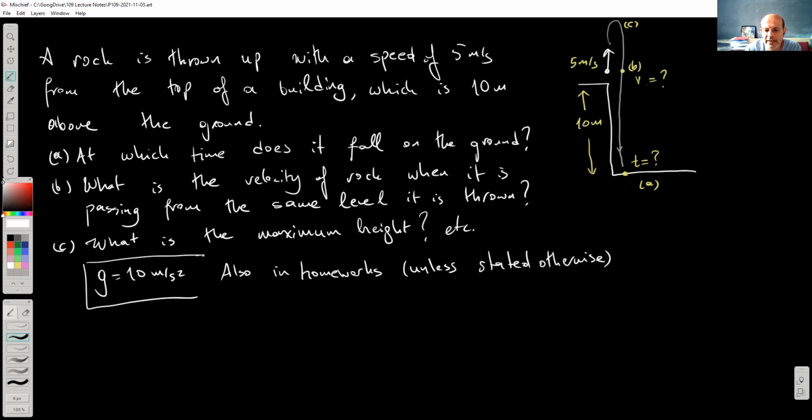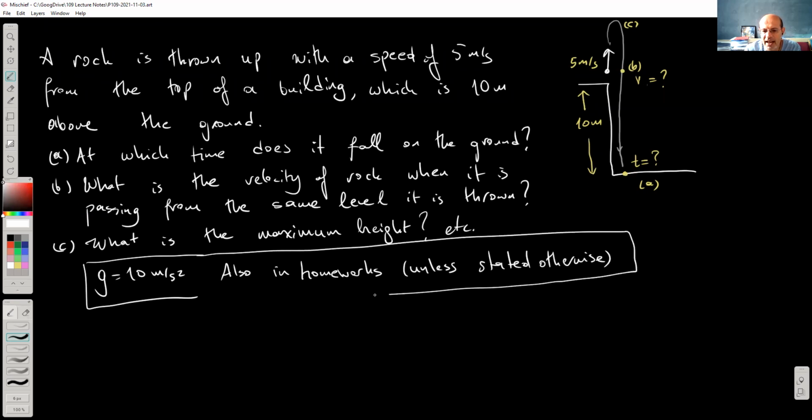If there's a clear indication that I ask you to take g to be 9.8 meters per second squared or 6 meters per second squared, then you have to take it like that. Otherwise, you can assume this is the case. There was also confusion about this in the previous homework. Some people supposed that it should be taken as 9.8. No, we just take it like that.